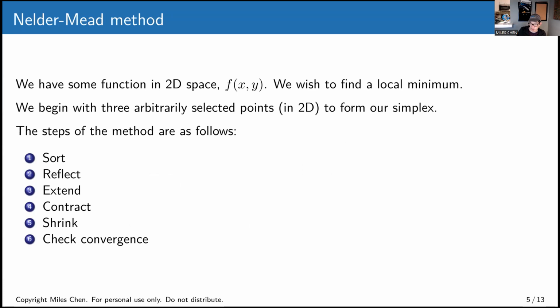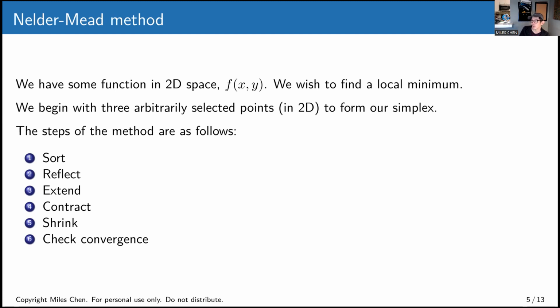And so we have some kind of function that takes in these values, and we're using a 2-dimensional function. Our goal is to find a local minimum. And so we start with just this arbitrary triangle, 3 arbitrarily selected points. So maybe you have an arbitrarily selected point, and then you go up in the x direction and up in the y direction or something to form your simplex, your little triangle here.